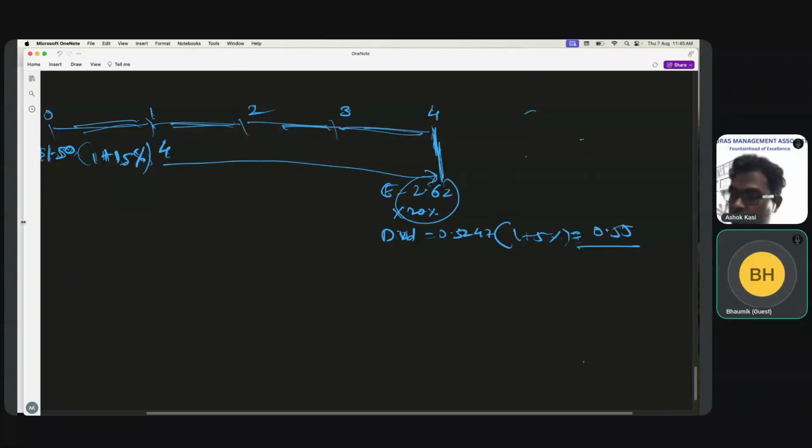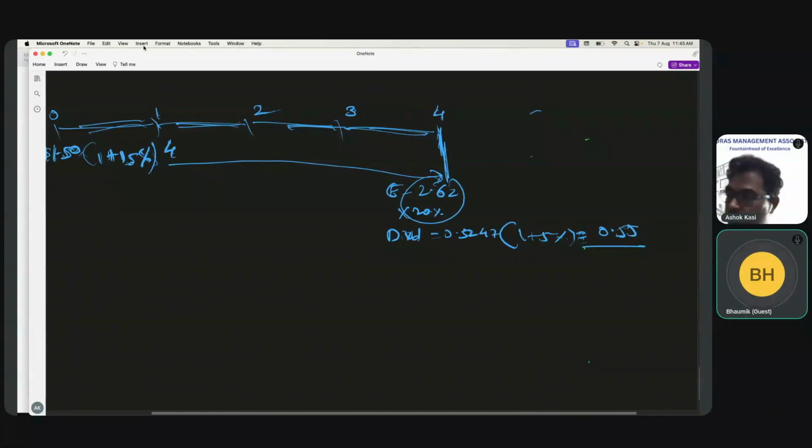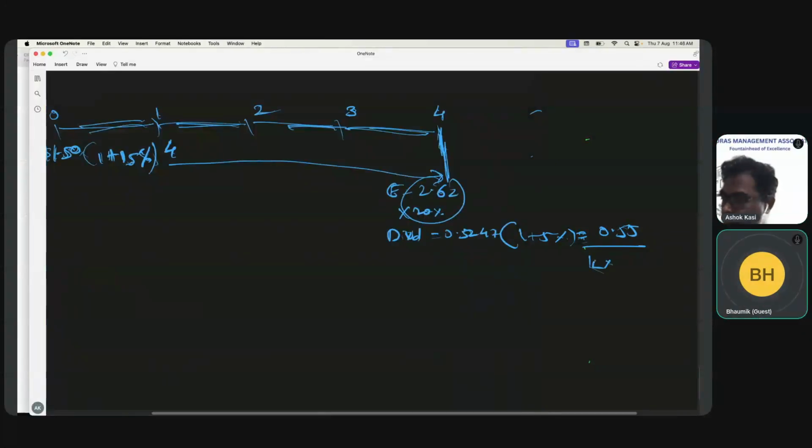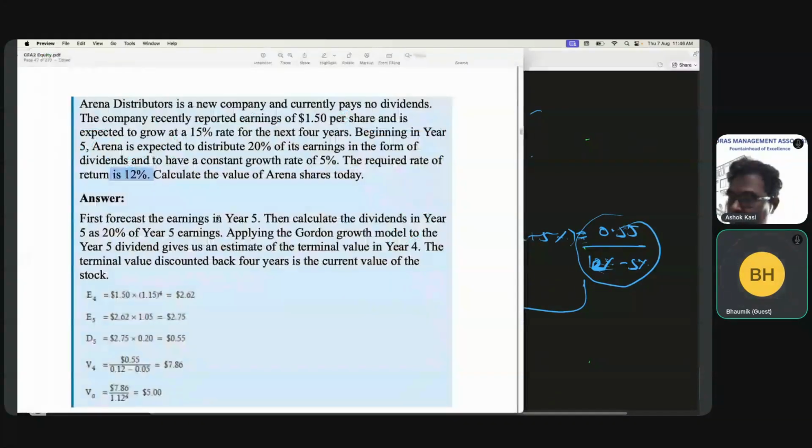Divided by R minus G. R is 12% minus 5%, which is 7%. Now calculate this. It will give you the price for the 4th year, 7.87.